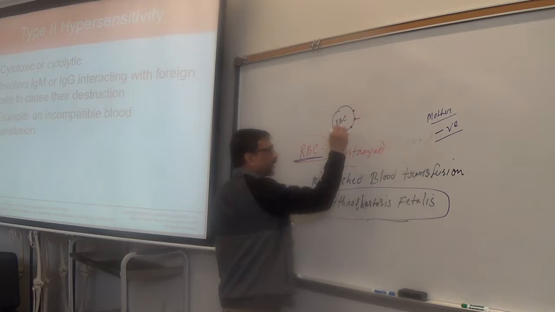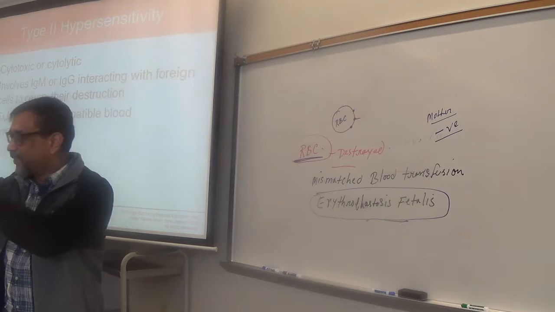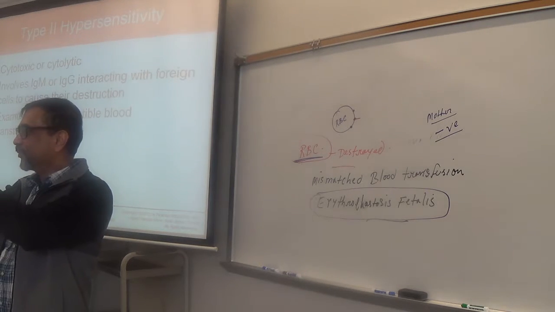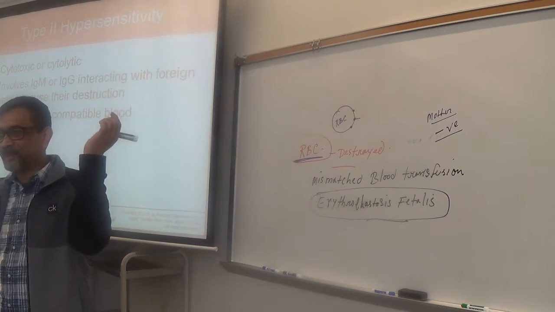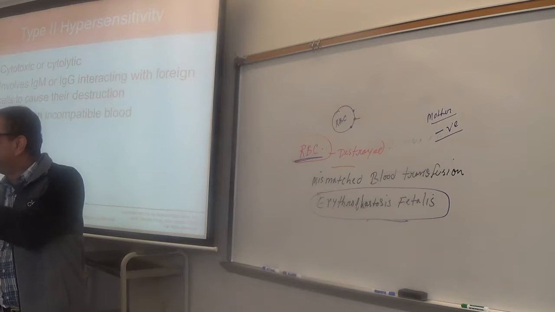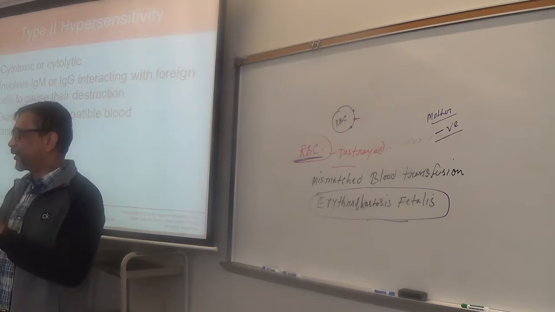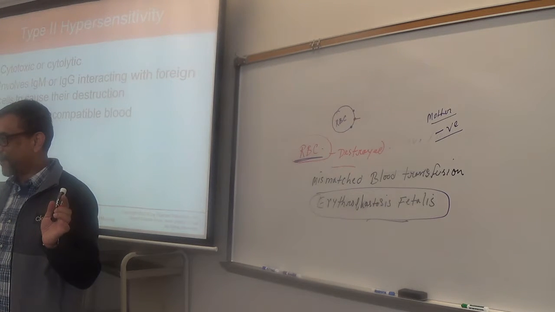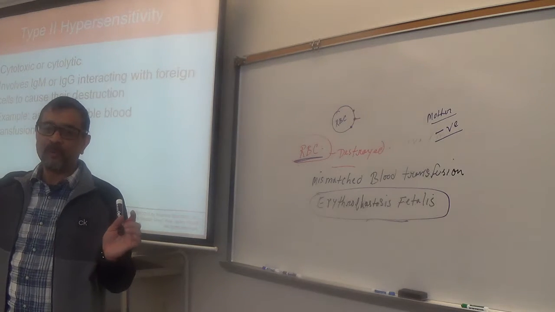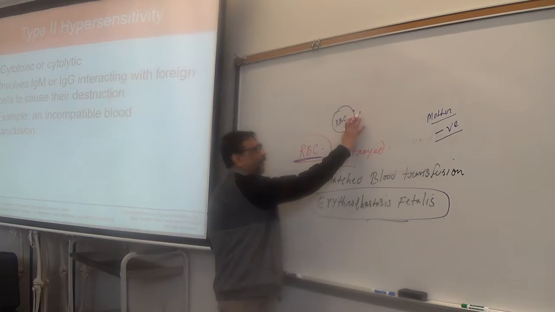If this is A antigen, the blood type is A. Very simple. If on the surface you have B type antigen, blood type is B. If you have both A and B antigens, AB. If neither A nor B, O. Make sense? So that's how the red blood cells determine the blood type.